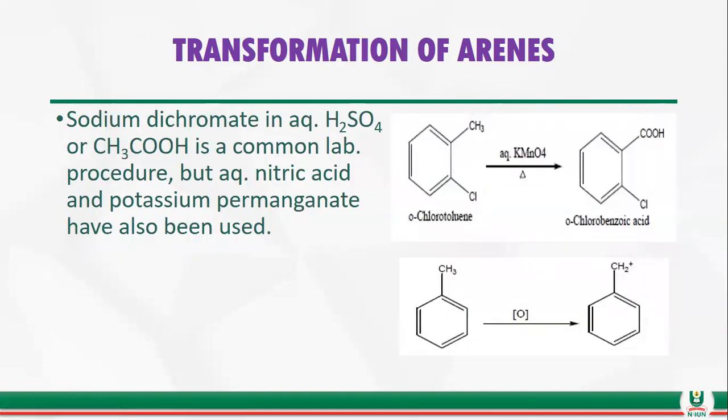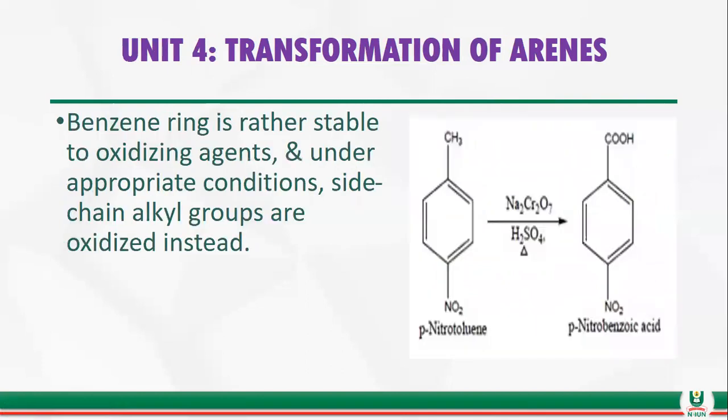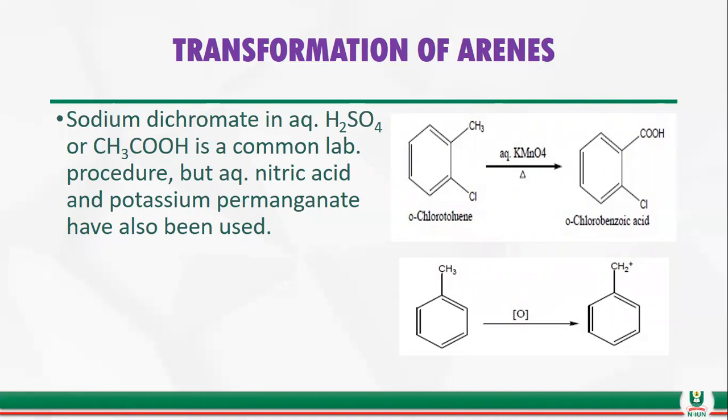The transformation of arene. Arene, I've said it before, is just like a benzene-containing compound. It must have benzene, in addition to some things attached to it. If there is nothing attached to it, you can just call it benzene. But when they say arene, it can be benzene or a benzene-like compound in nature. So sodium dichromate in sulfuric acid or acetic acid is a common laboratory procedure.